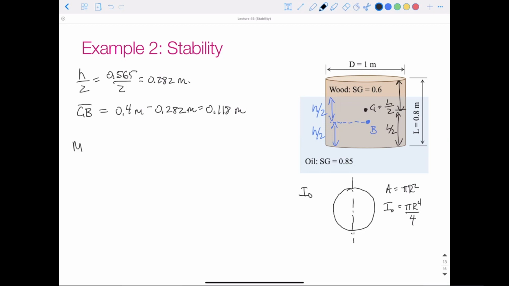So then lastly, the distance from our metacenter M to our center of gravity G is equal to I0 divided by the volume submerged minus GB.